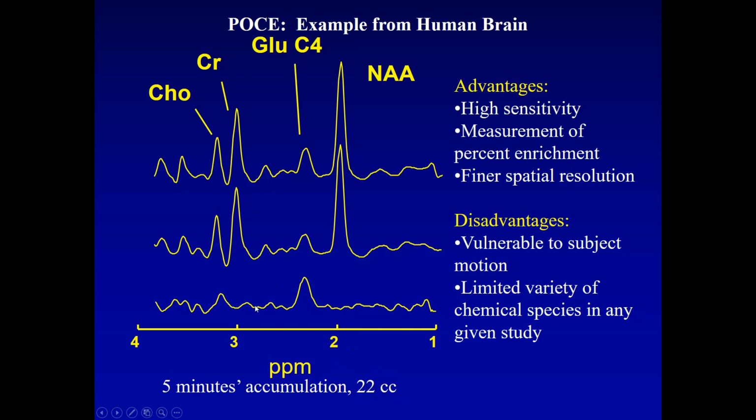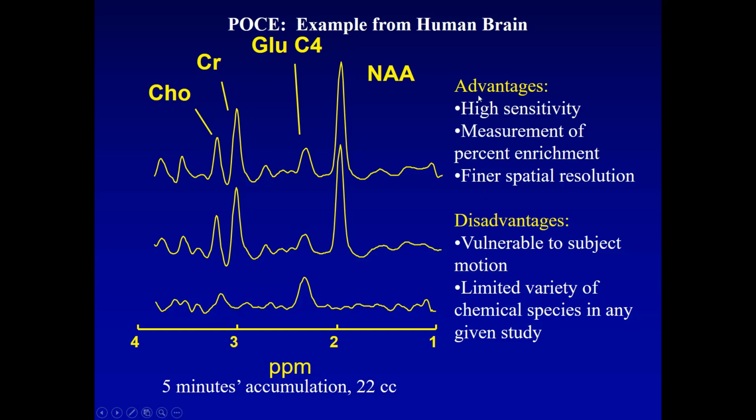Now, you might say, oh, there must be labeling here, but actually this is subtraction error because it's crucial that people hold still with this measurement. We're looking for a very small difference in the signal, maybe representing 10 or 20% of the size of a peak. And if they move a little bit, we can get errors. In this case, the person moved and the choline and a little bit of creatine showed up.